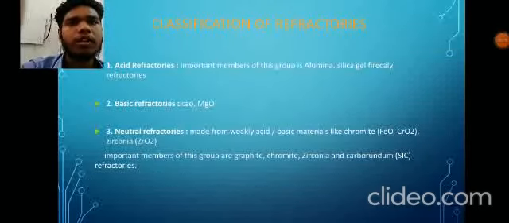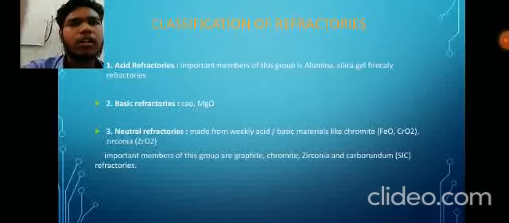Classification of refractories. 1. Acidic refractories. Important members of this group are alumina, silica, silica gel, ferrosilicious refractories. 2.